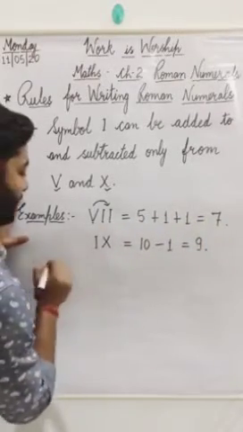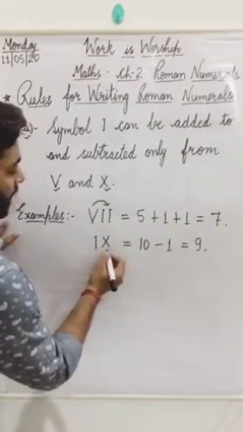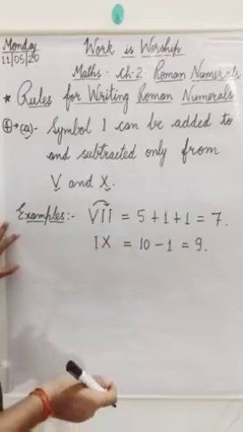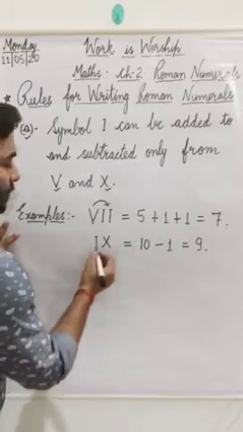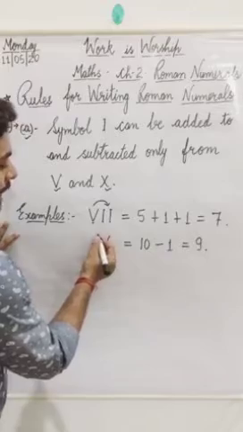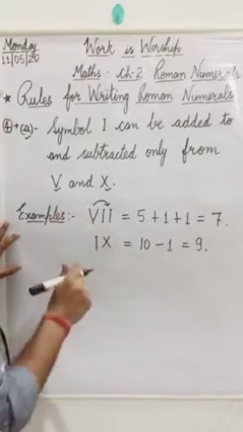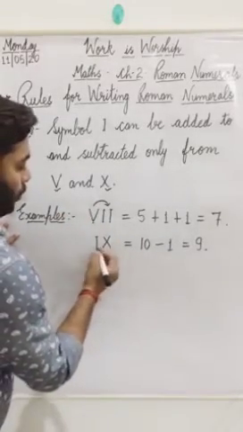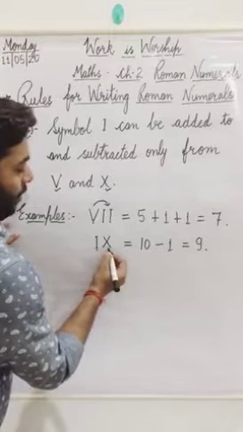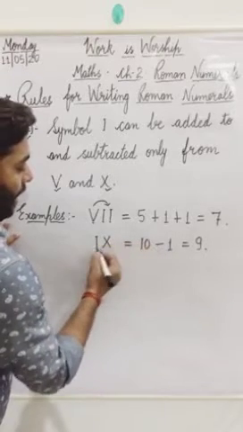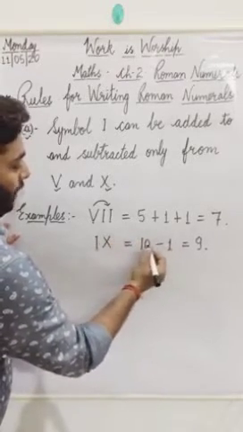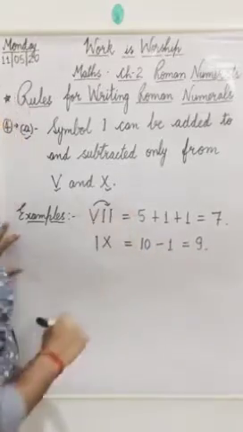Now go to the second example. Here is I and here is X. As we earlier discussed, if a smaller value is written on the left side of a greater value, then it is subtracted from the greater value. So I is subtracted from the greater value X, and X means 10 and I means 1. So 10 minus 1 is equal to 9.